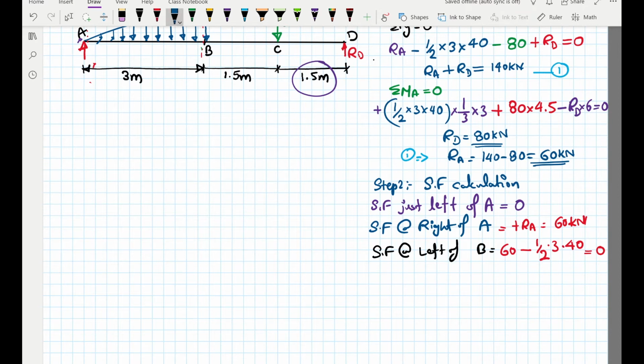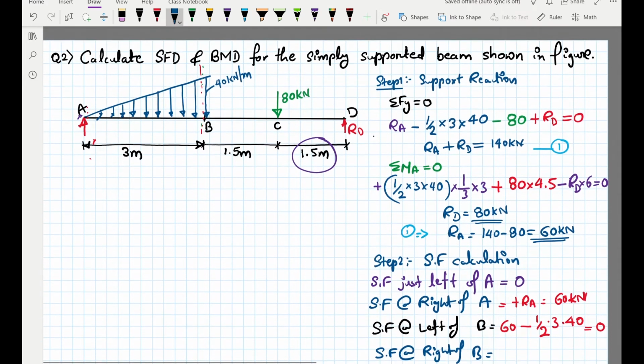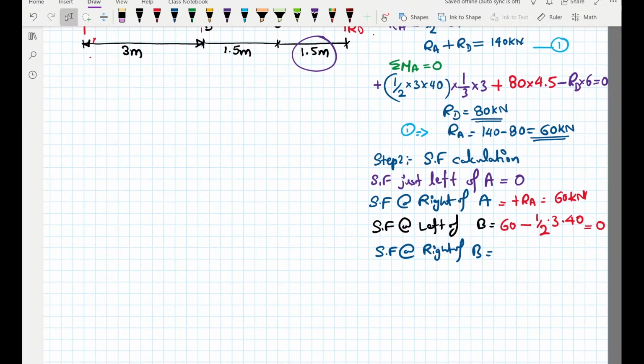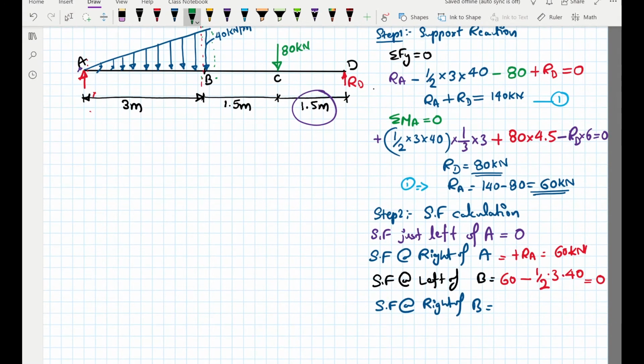Then the shear force at right of B. Again, if I consider one section at the right of B, the forces are RA acting upward, 60 minus half into base into 40, is equal to 0.